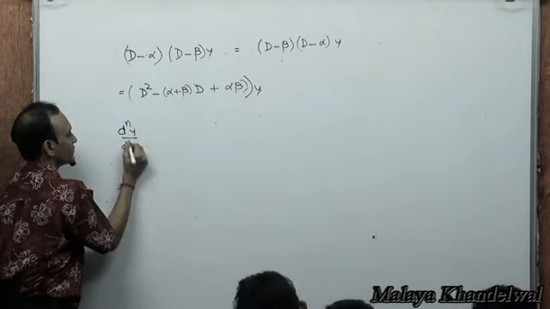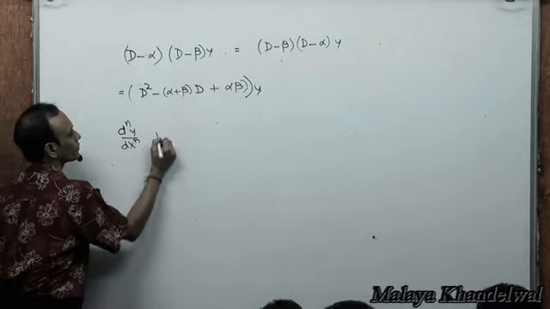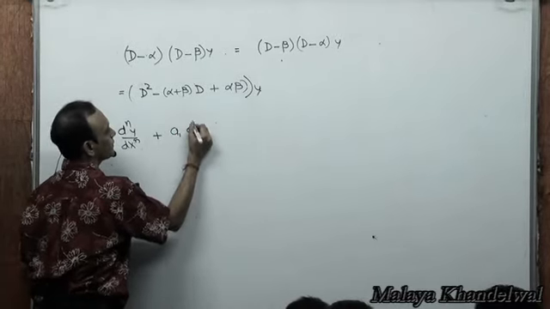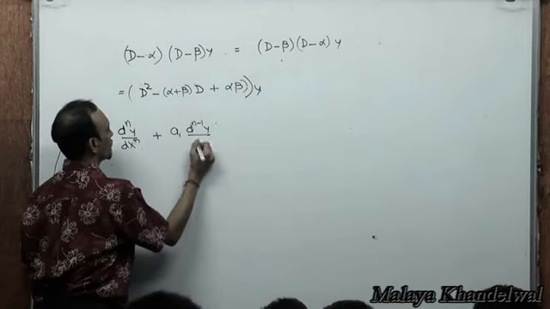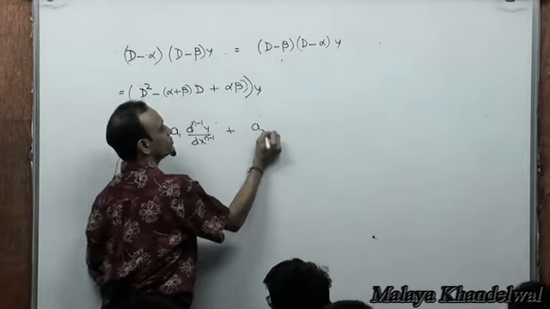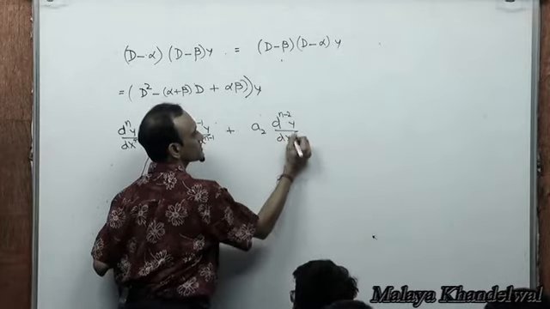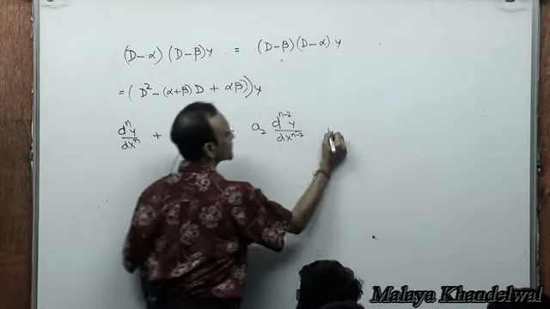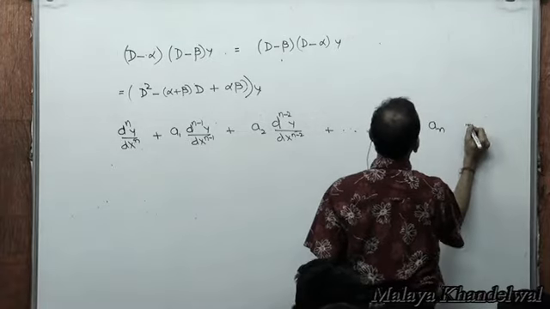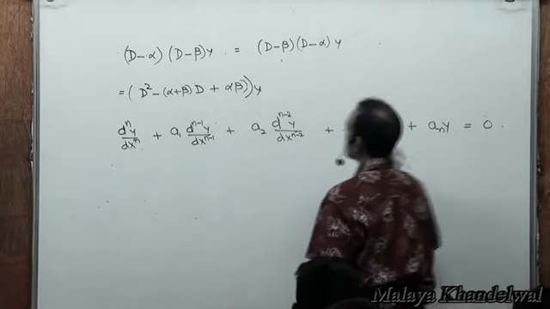Nth derivative of y with respect to x plus a1 times the n minus 1th derivative of y with respect to x plus a2 times the n minus 2th derivative of y with respect to x, plus an times y equal to 0.